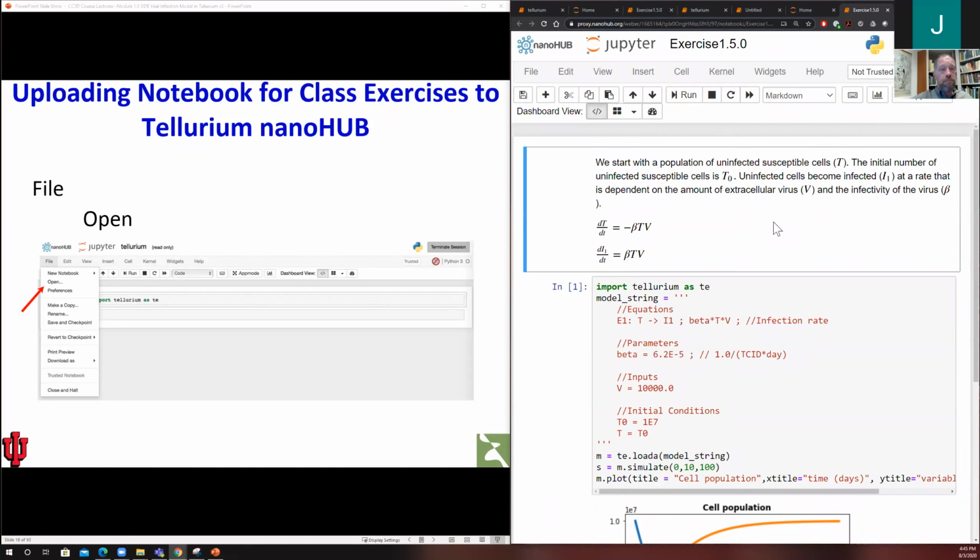Is that better for viewability? Okay, does everybody have this window running? Does everybody have that?